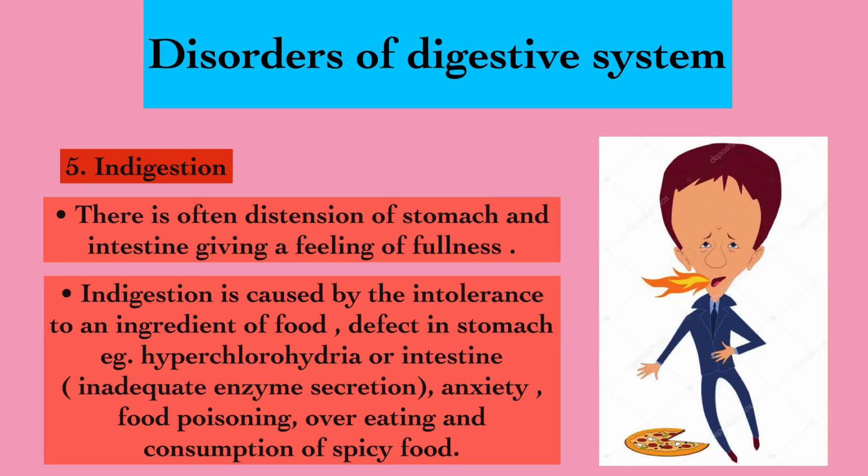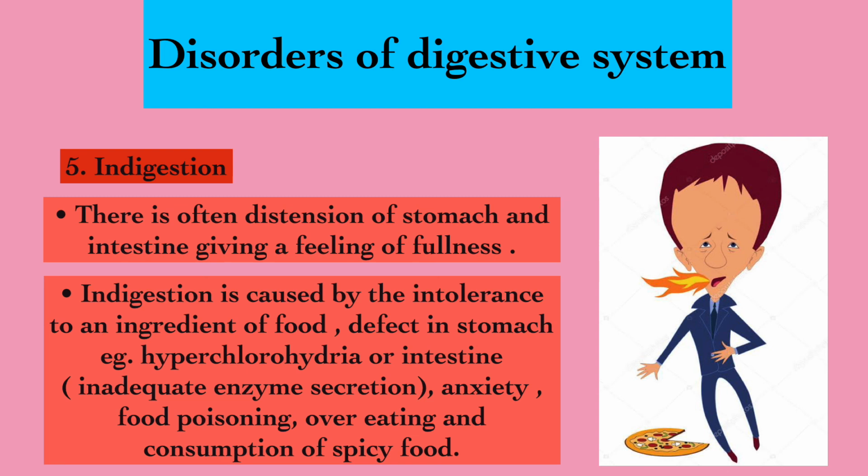Also, there is often distension of the stomach. You feel that your abdomen is distended and full, and the intestine gives a feeling of fullness. Indigestion is caused by intolerance to an ingredient of food. Indigestion can be caused by intolerances toward different ingredients in food, as we know that food these days is also very adulterated.